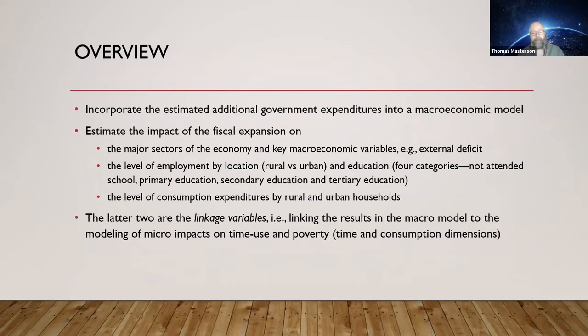The level of employment implies that there are going to be changes in employment for individuals, and the level of consumption expenditures by rural and urban households as a result of the increased income are going to affect people's poverty status. But these are also going to affect the pattern of time use. If there are employment changes within households, there's going to be some shifting of responsibilities for household production work, so we're going to model that as well. Those will be Monday and Tuesday; I'll talk about those.